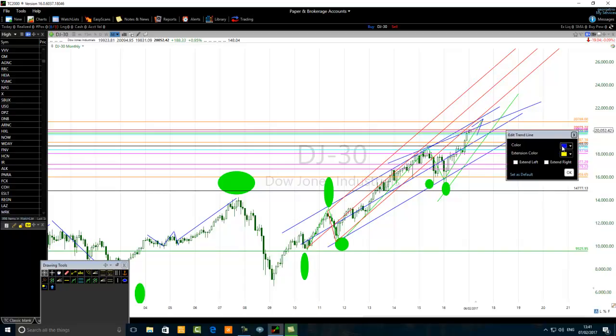Okay, color it green. Can you see? This point, I draw a line through it like this to connect to the top where we are now, to that resistance. And so there is a high chance that we may see a triangle at the top of the market.